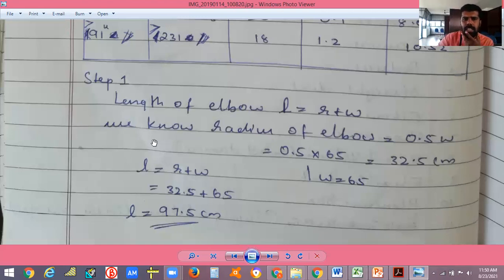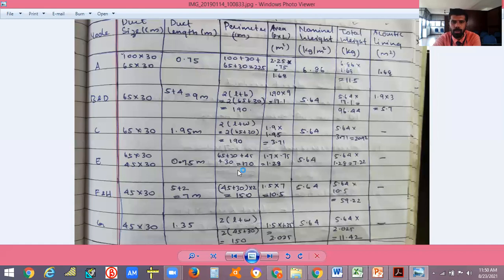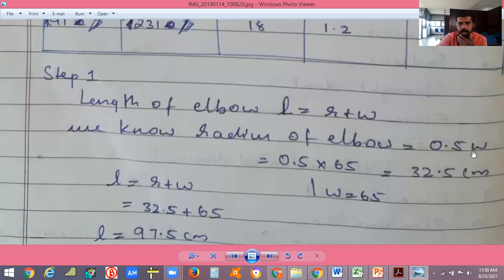So this is the formula for finding the length of the elbow. L is equal to R plus W. R is the radius, W is the width. We know the radius of the elbow; here we are choosing it as 0.5 of the width. So insert this 0.5 W as R. Width you already know, it is 65. 65 is the width of the elbow. 65 into 0.5 is the radius.